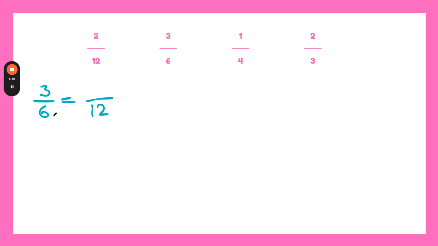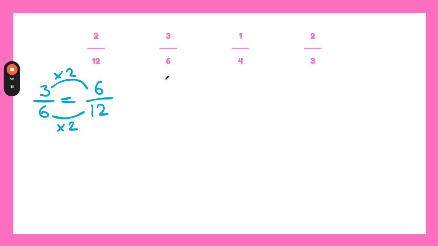So we times by 2, because 6 times 2 is 12, and then we must do 3 multiplied by 2, which is 6. So 3 over 6 is equivalent to 6 over 12.